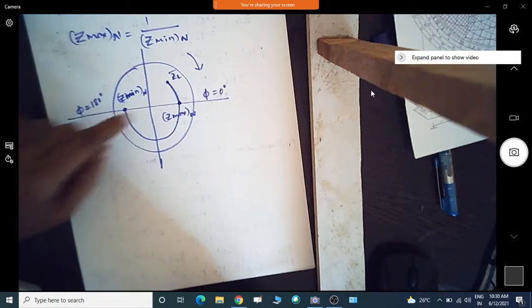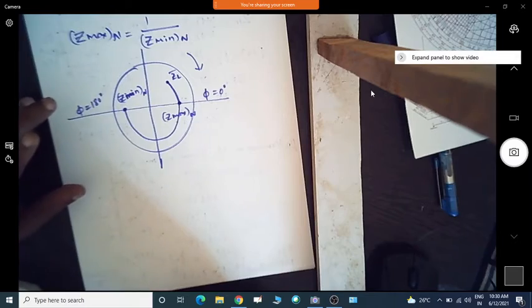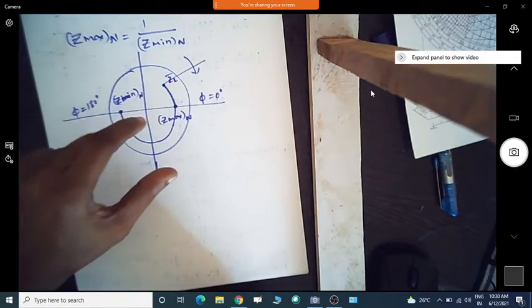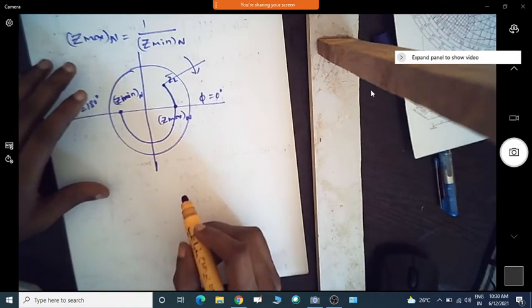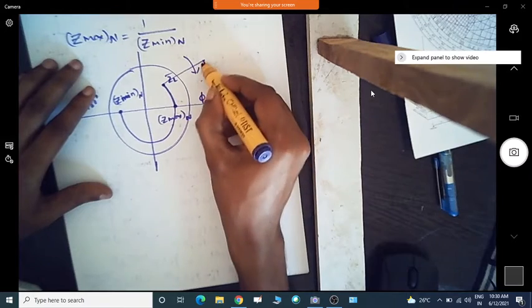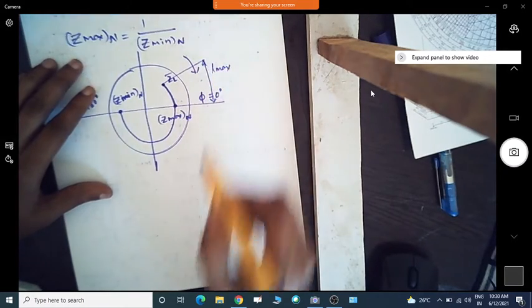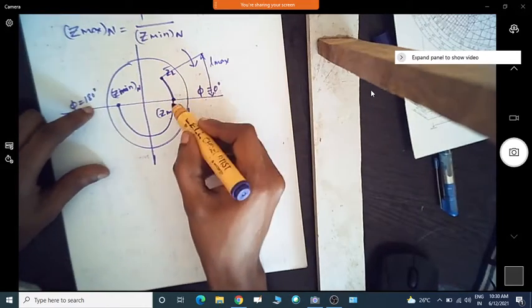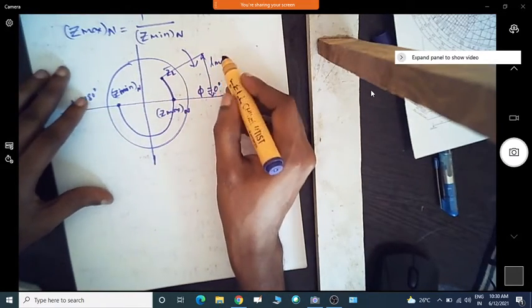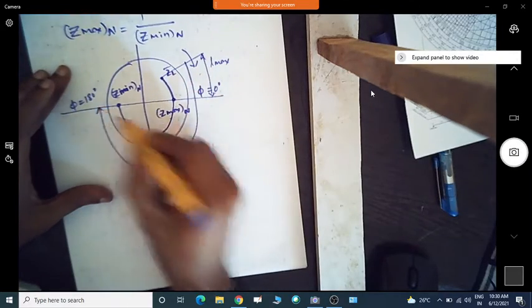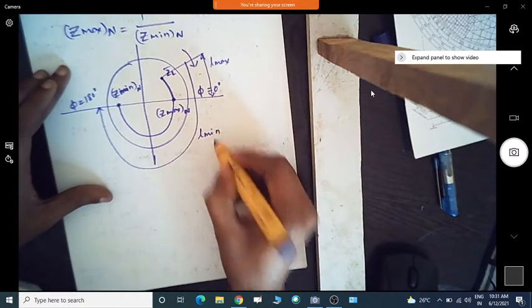So where we can read z max and z minimum, and the length between the load point and the maximum point, this distance we can call L max. Where the z max occurs, the distance from the load point to the z max we call L max, and the distance from the load point to the minimum point we call L minimum.